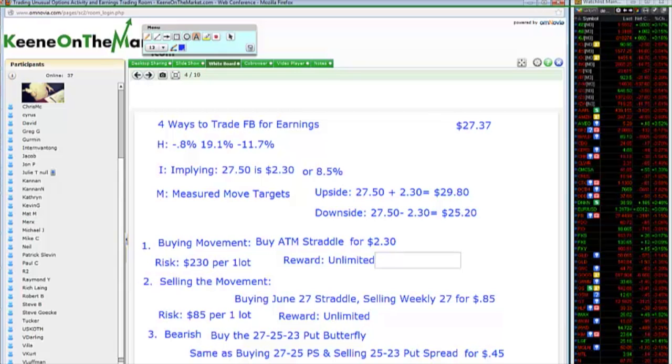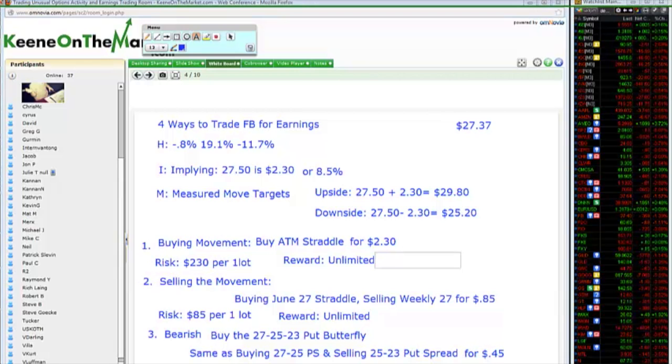Same thing as before. My risk is $45. My reward is $155. I don't want to buy too much premium in Facebook, okay? This is why I do call and put butterflies. My break evens are very easy, 28.45 and 31.55. So I make money in a range, okay? I make money in a $3 range here.